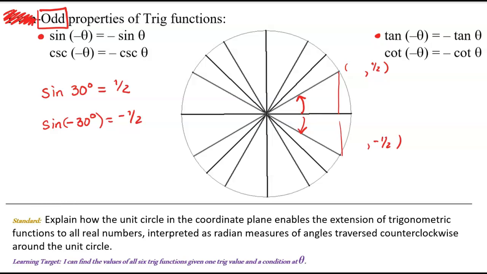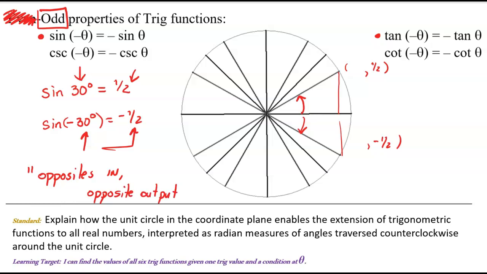Okay, so here's what odd says. Odd says if you plug opposites in, you get opposites out. So verbally, opposites in give you opposite outputs. So it's kind of nice if you know sine of 30 is 1/2, then sine of negative 30 is just negative 1/2.